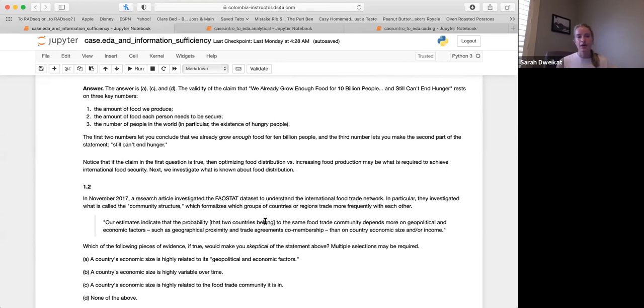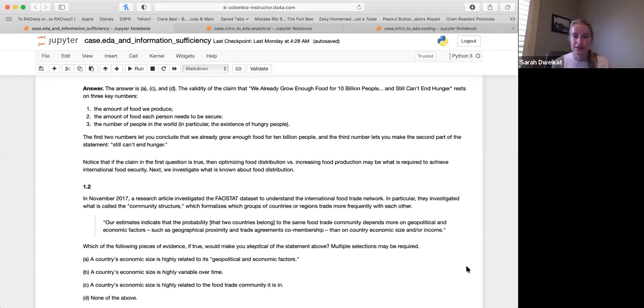So for our next question, in November 2017, a research article investigated the FAOSTAT dataset to understand the international food trade network. In particular, they investigated what is called the community structure, which formalizes which groups of countries or regions trade more frequently with each other.